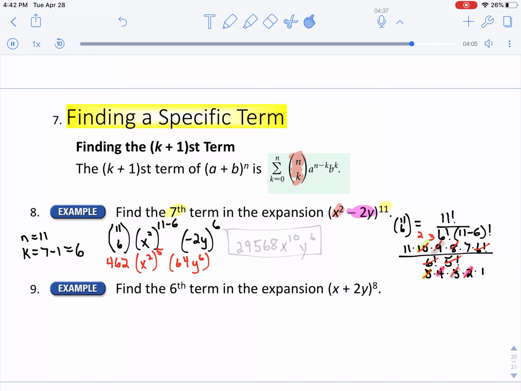Now we've got 462 times 64, and we put that in a calculator and we get 29,568. Then we've got x squared raised to the 5th power. That's the power to a power rule, so x squared to the 5th power is x to the 10th power, because you multiply those exponents. And then you've got y to the 6th power, and that's the answer.